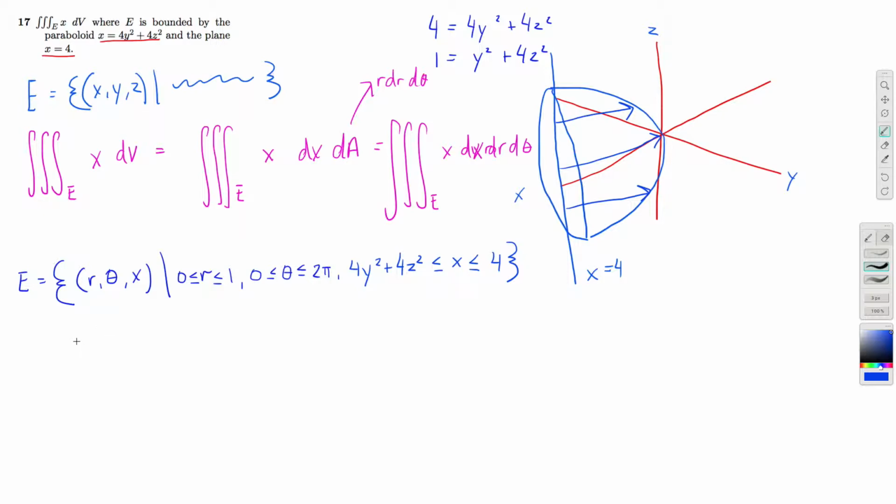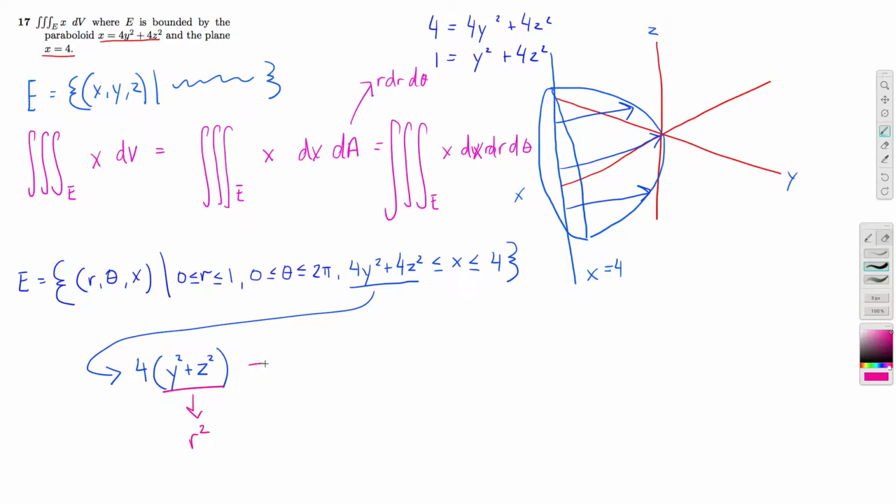You should also realize that you can rewrite this as 4 times y squared plus z squared, and we know that this equals r squared.